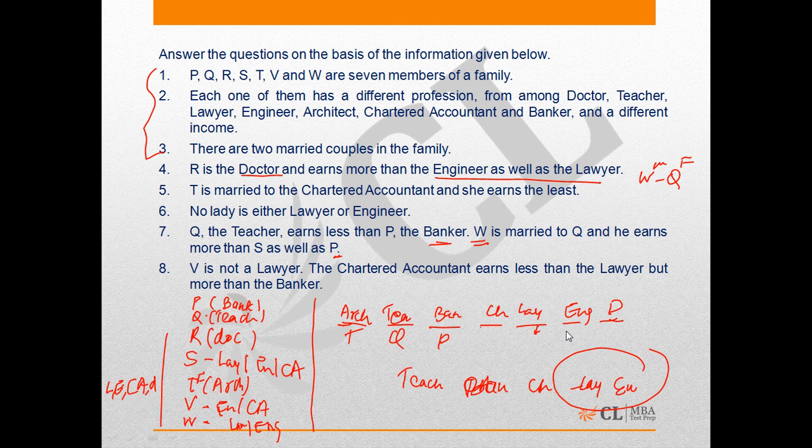The profession W can have is engineer or lawyer, and similarly the profession of V could be CA or engineer, and the profession of S could be either chartered accountant, lawyer or engineer.